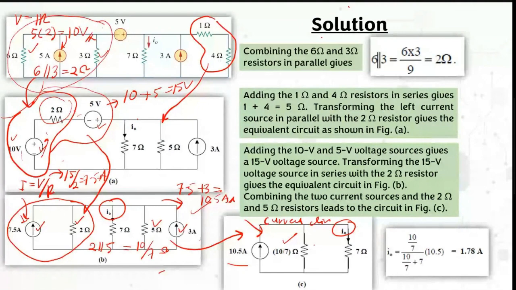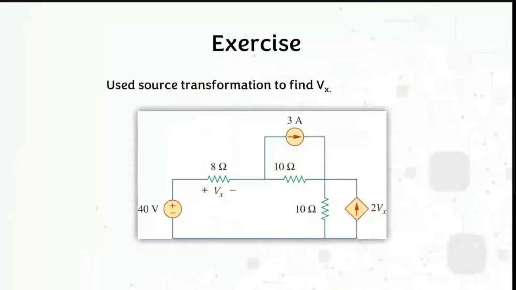For I node, you calculate 10 over 7 over 10 over 7 plus 7, times this 10.5 ampere. So the answer for I node is actually 1.7. That's the answer for this solution.